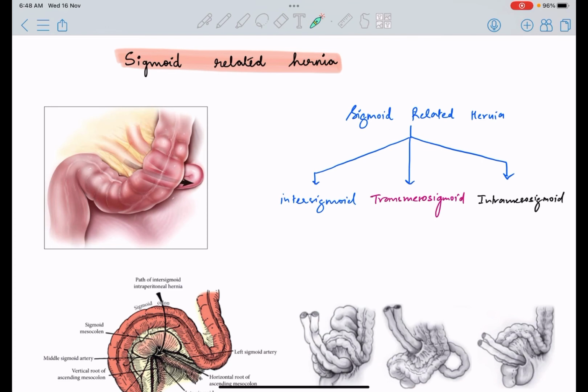Sigmoid related hernia can be divided into three different types: intersigmoid hernia, transmesosigmoid hernia, and intramesosigmoid hernia. Out of these three hernias, the intersigmoid hernia is congenital in nature, and transmesosigmoid and intramesosigmoid are acquired in nature.